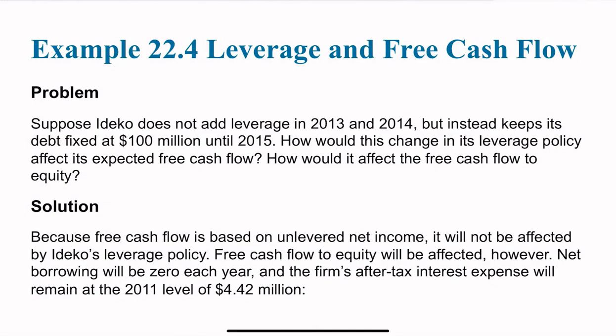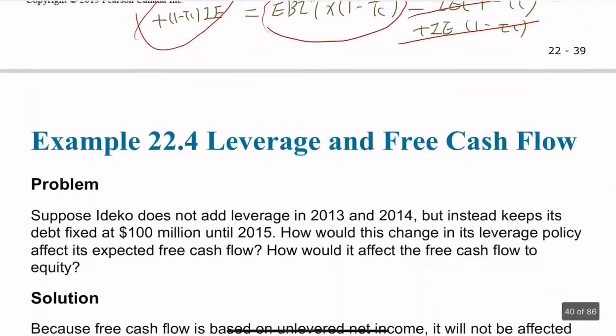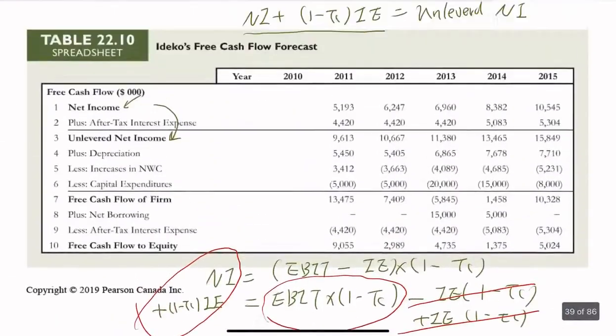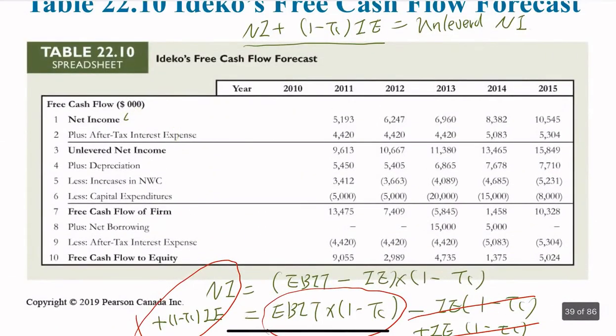How will this change in its leverage policy affect its expected free cash flow? This is the first question. The second one is, how will it affect the free cash flow to equity? So first, we're thinking about the firm's free cash flow, right? That is, we are thinking about this number here.